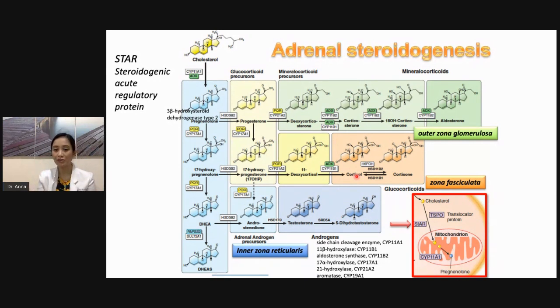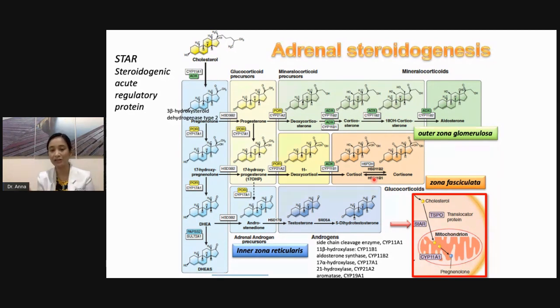So your cortisol is deactivated by your 11-beta-hydroxysteroid dehydrogenase 2 to your inactive glucocorticoid, which is your cortisone. And then your cortisone can also be converted back to your more active cortisol by your 11-beta-hydroxysteroid dehydrogenase 1 enzyme.